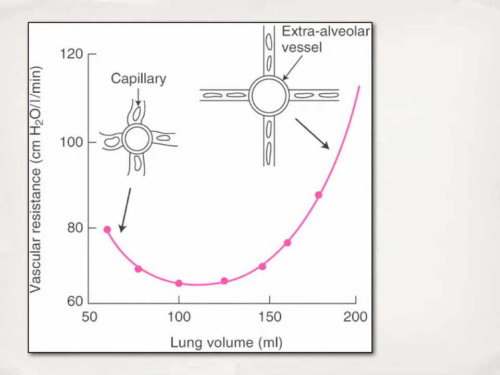And then on the right, when they're over distended, the capillaries are flattened because they're stretched out, and that also increases the resistance. An example of that would be having very high PEEP. So you've got to try and find a sweet spot in the middle where the capillaries are held open by the elastic tissue of the lungs. They're neither collapsed nor over distended.